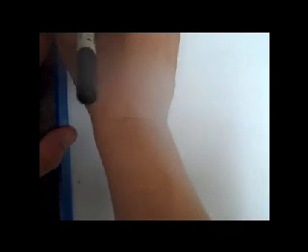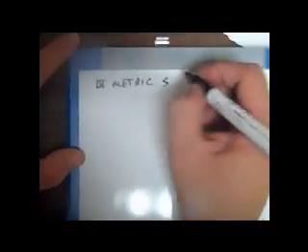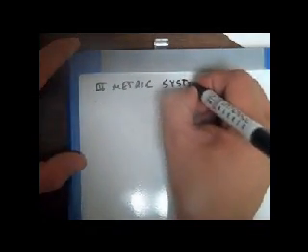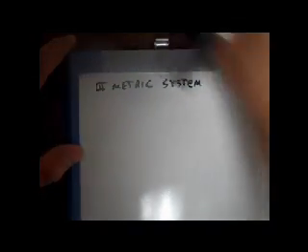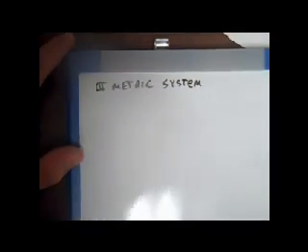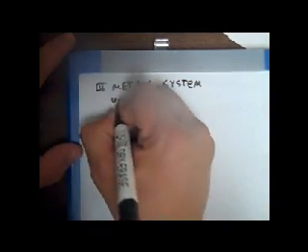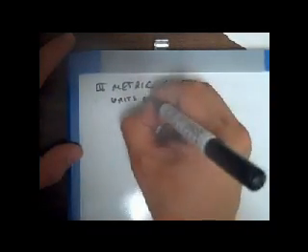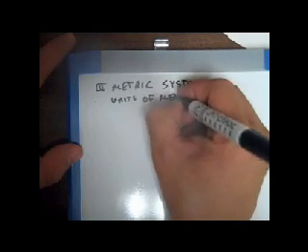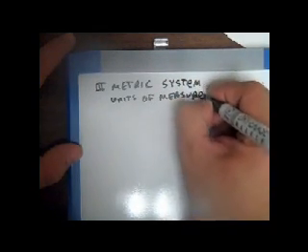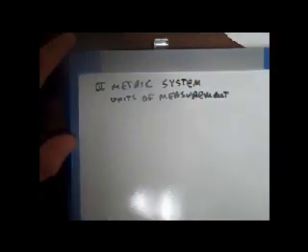Okay, now we are ready to talk about our third point, which is the metric system. Units of measurement were basically created by human beings.